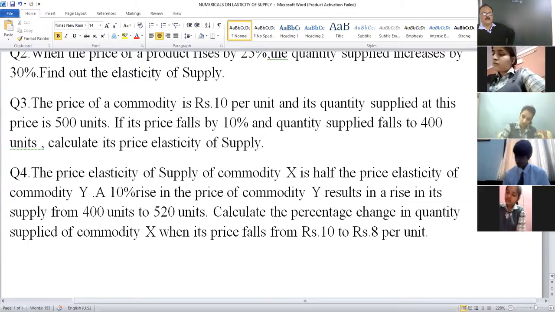Calculate the percentage change in quantity supplied of commodity X when its price falls from rupees 10 to rupees 8 per unit.